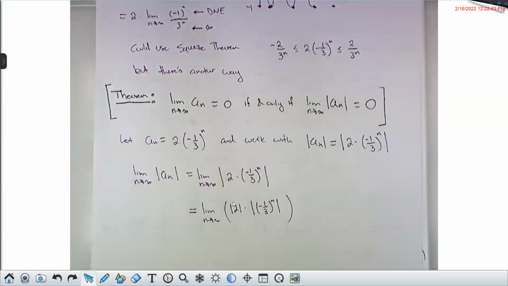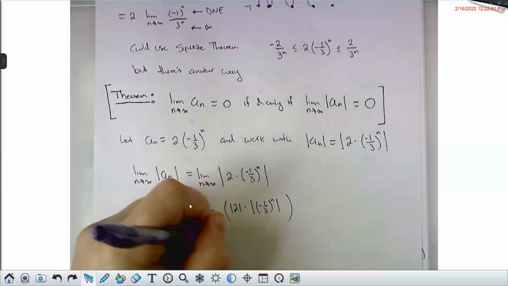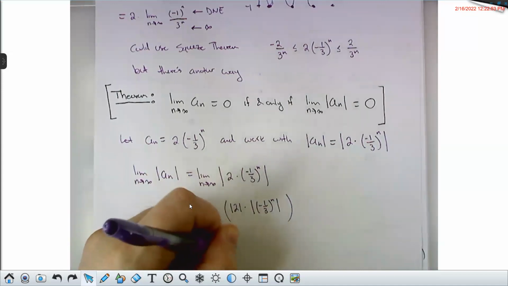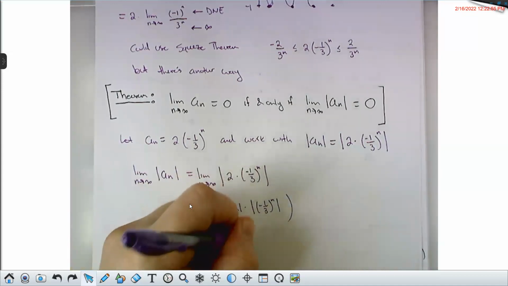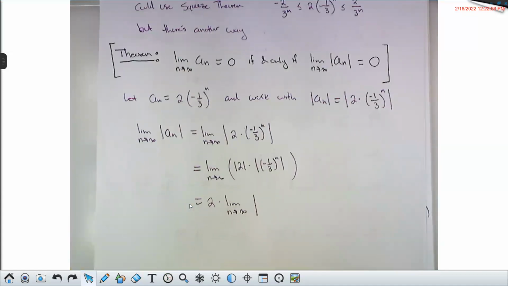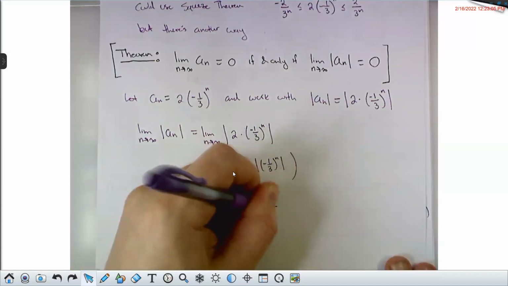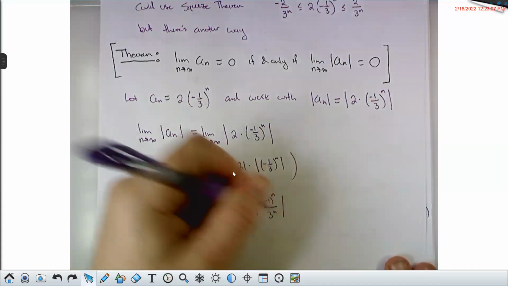Of course, the absolute value of the number 2 is the number 2. So this is a constant multiple and it will pop out. I get 2 times the limit as n goes to infinity of the absolute value of... We argued correctly earlier that negative 1/3 to the n is negative 1 to the n over 3 to the n.